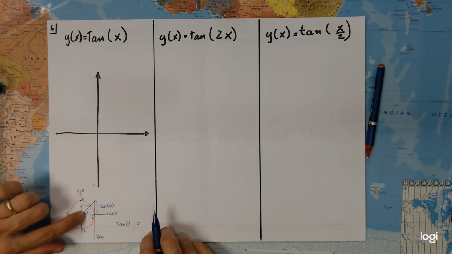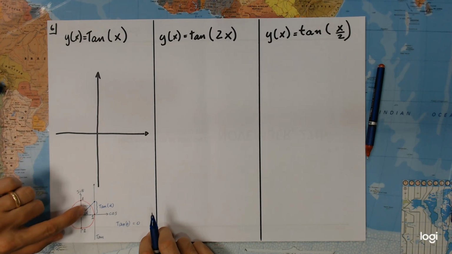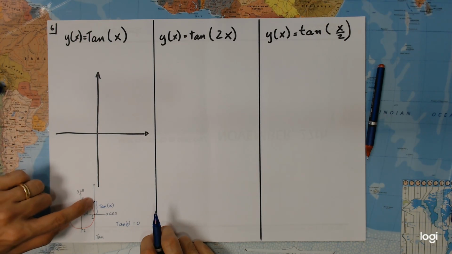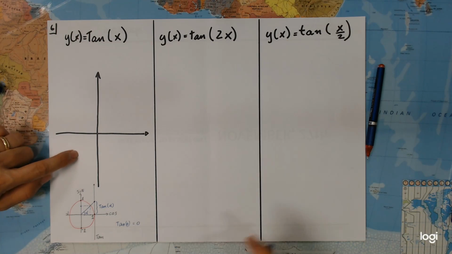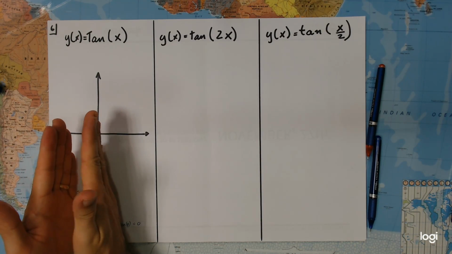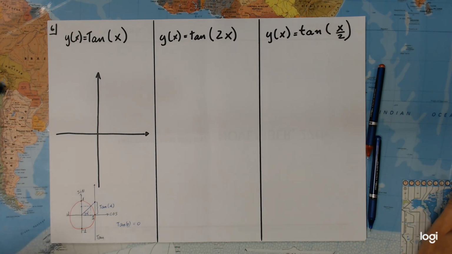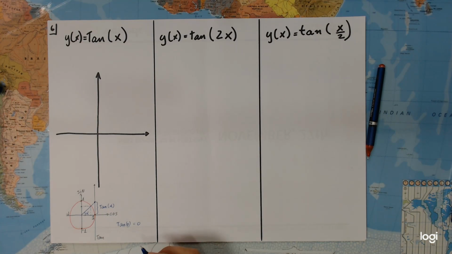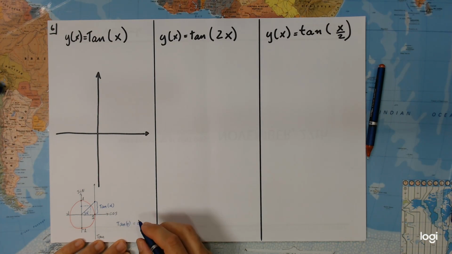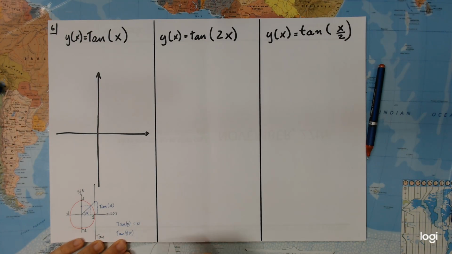But when you have alpha equals 90 degrees, this line here, that defines the angle, is going to be basically parallel to the tangent axis, like this. And because they are parallel, they will never meet. That is why the tangent of 90 degrees doesn't exist, or we might say it is infinite.